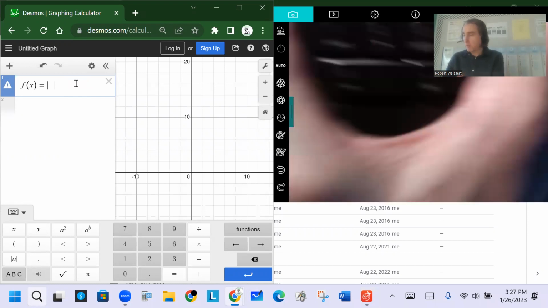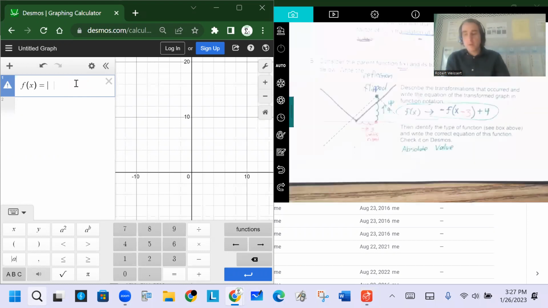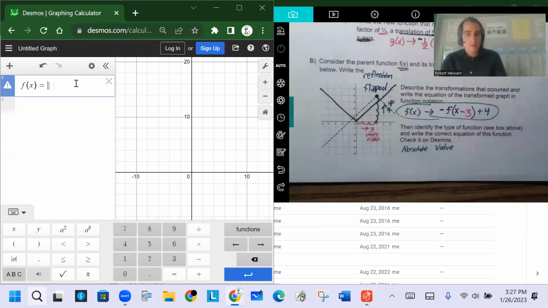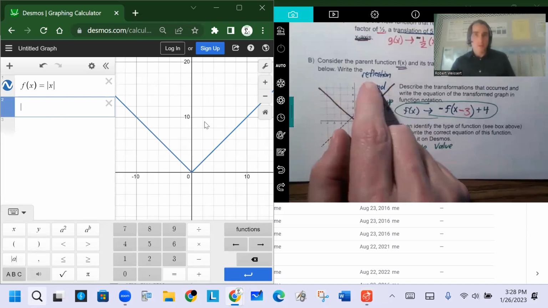Again, it's going to be this button right here. So if you hold down shift and this button, that'll pull the absolute value bars, or you can go into here. If that's closed, click over the calculator and click on this button here, and that'll pull the same thing up. You're just going to throw x in, and then you're going to call it good. That's your parent function. That's your absolute value function. And as you can see, that models this right here.